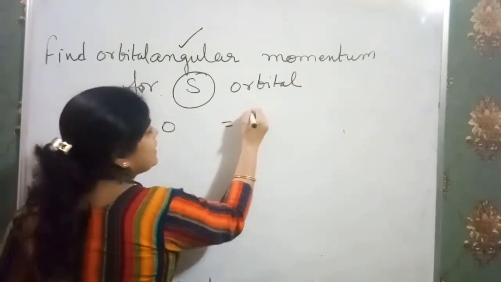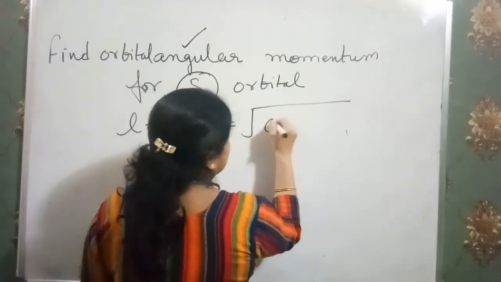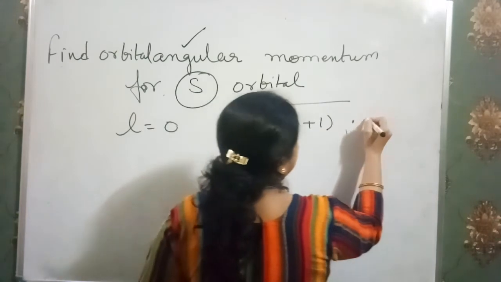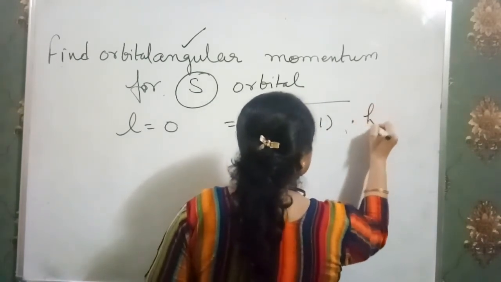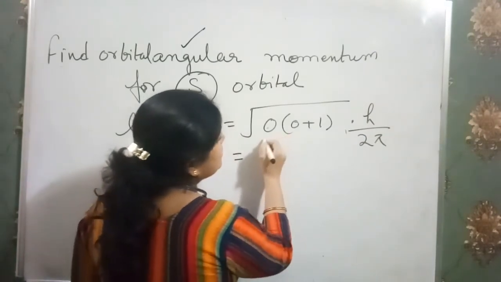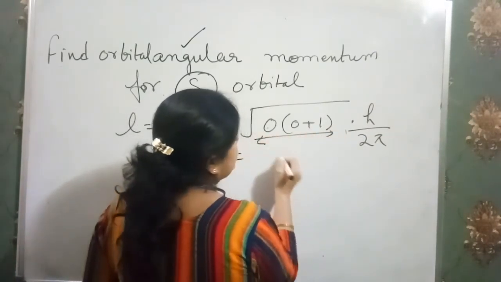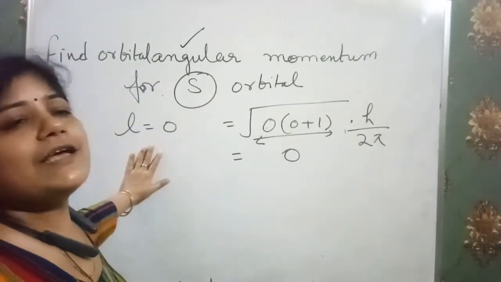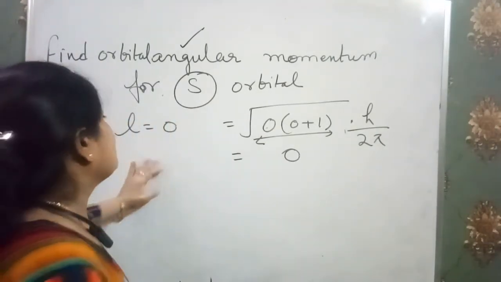So we have the answer √(0(0+1)) h/2π. So the value for this is 0. So the s orbital has no orbital angular momentum.